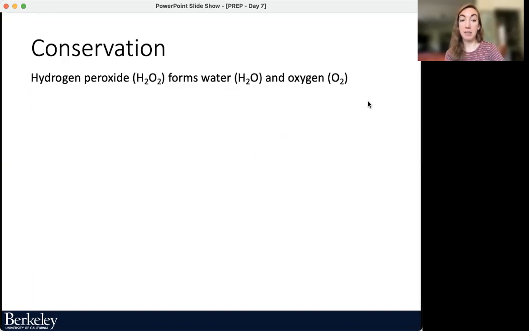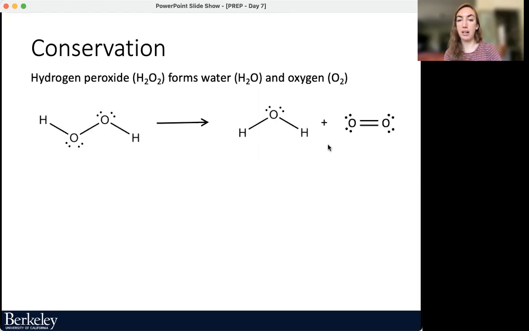As an example, hydrogen peroxide, which I'm just going to tell you is H2O2, so that's 2 hydrogen atoms and 2 oxygen atoms, is going to form water, which is H2O, and oxygen, which is O2. If I explicitly draw out all my bonds, it's going to look like this.